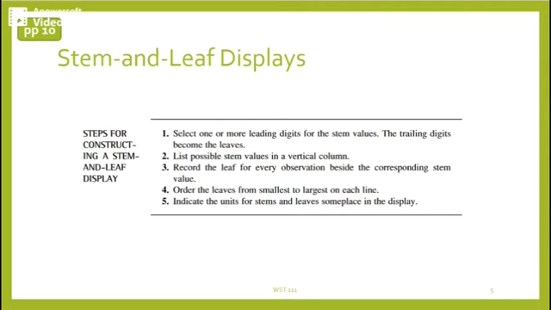The trailing digits become the leaves. Then, you list the possible stem values in one vertical column. For each observation, you record the leaf beside the corresponding stem value. Then, you order the leaves from smallest to largest on each line. Then you indicate the units for the stems as well as the leaves.